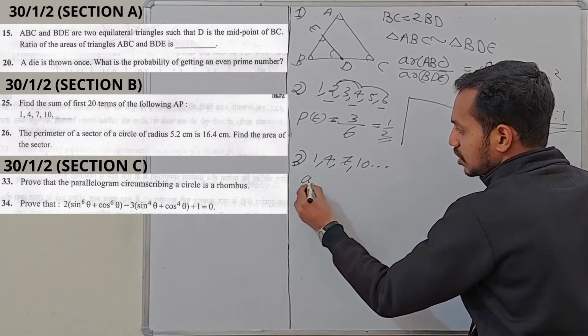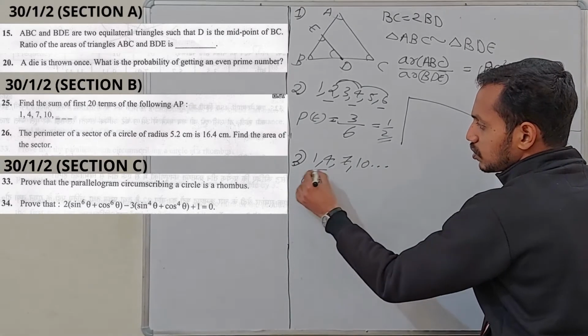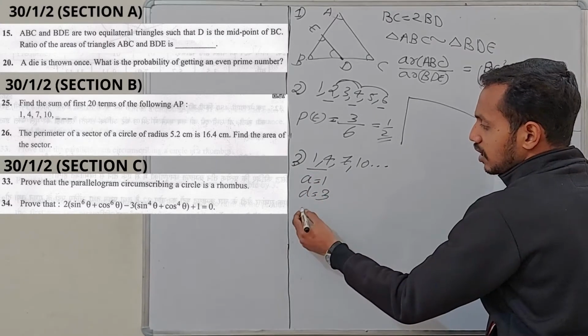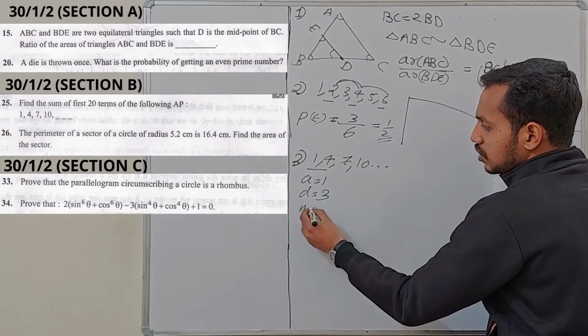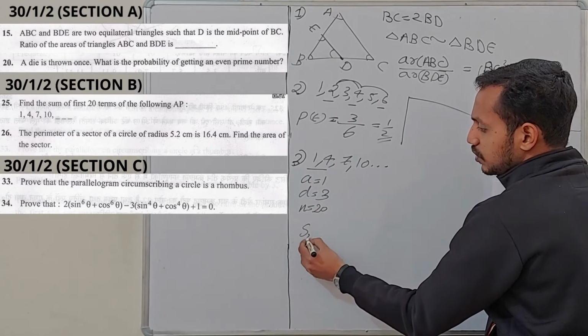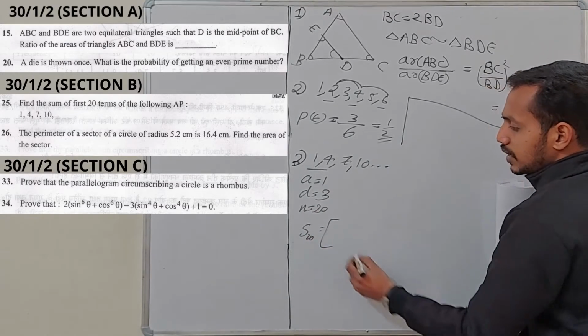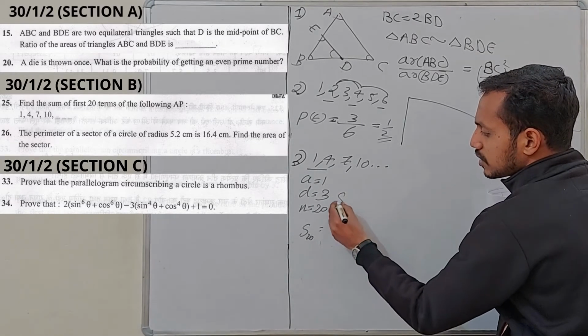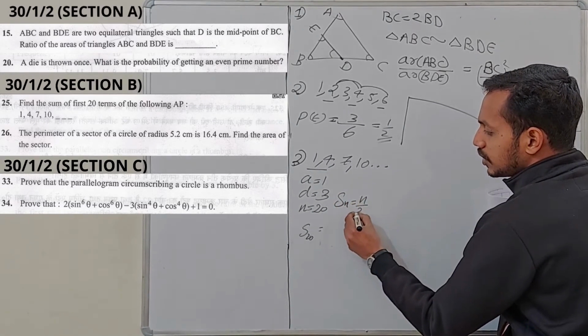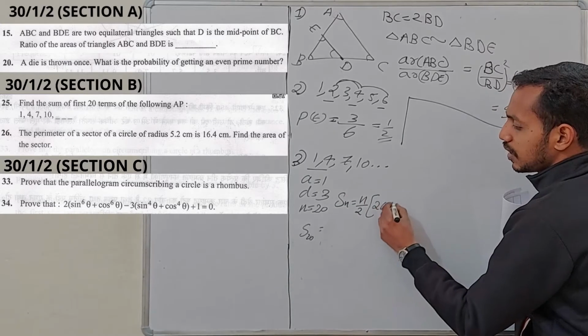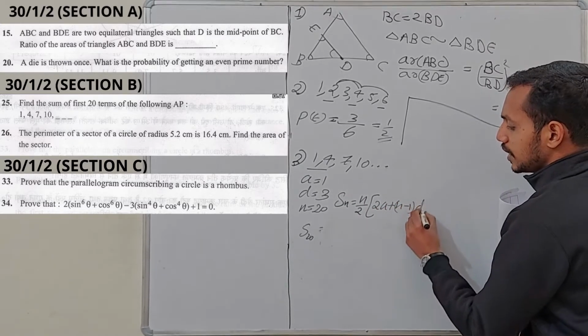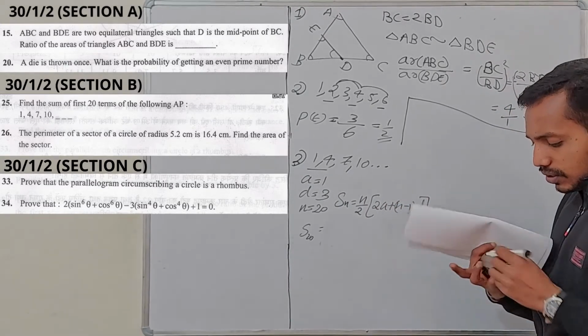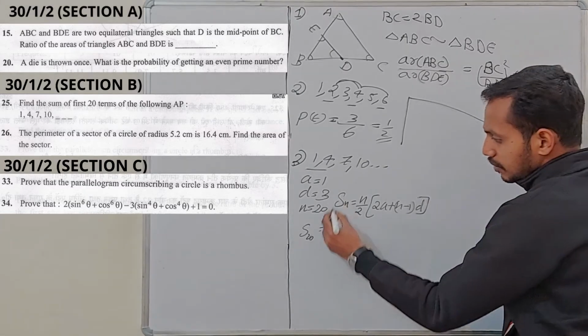We know that a is equal to 1, d is 4 minus 1, which is 3, and n is equal to 20. The formula we have is Sn equals n by 2 into 2a plus (n minus 1) into d.